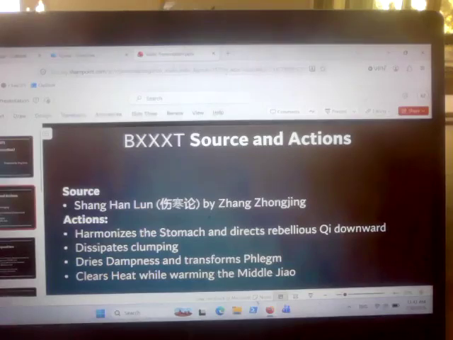The second action is it could be used to dissipate clamping. The third action is it can be used to dry the dampness and transform phlegm. The fourth action is it could be used to clear the heat while warming the middle jiao.